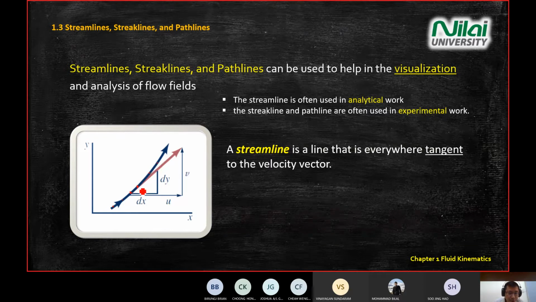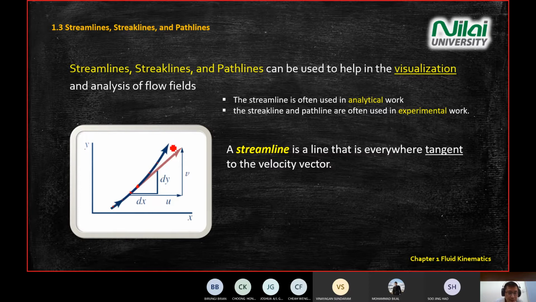We focus on one dot along this blue line, and from this dot we draw the velocity vector, and this line is tangent to the velocity vector. Then we connect all the dots together, we get streamline.